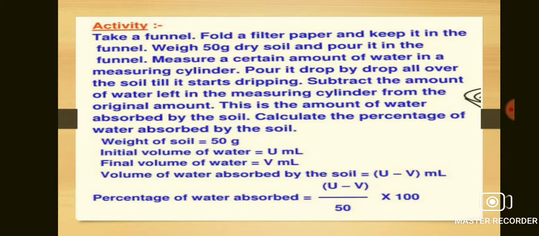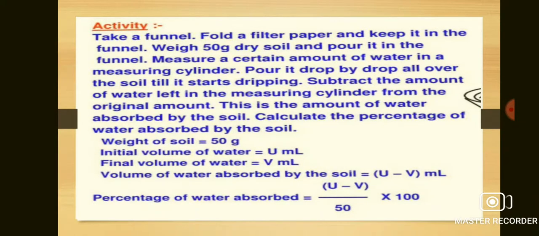So now weight of soil is equal to 50 grams. Initial volume of water, let's take U ml. Final volume of water, let's take V ml. Volume of water absorbed by the soil is equal to U ml minus V ml, which means initial volume of water minus final volume of water.